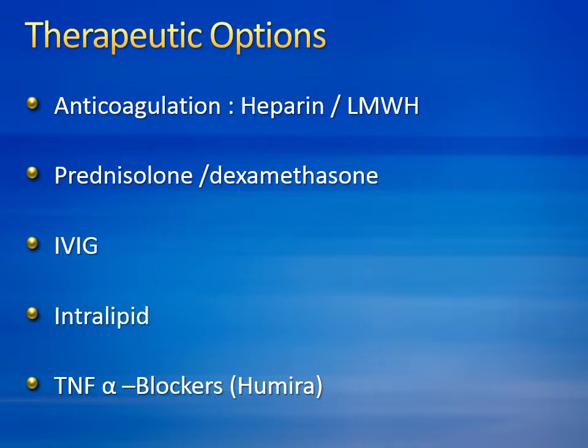And ultimately, this brings us, therefore, to the consideration of the role of therapeutic agents in being able to immunomodulate that environment. So a number of agents have been considered, be it the anticoagulation with heparin, be it broad immunomodulators like prednisolone or dexamethasone or steroid agents, or the more specific IVIG or intralipid infusions, which are a drip medication given roughly monthly for the first 3 months of pregnancy, commencing prior to the embryos being transferred in IVF, or the more specific TNF alpha blockers.